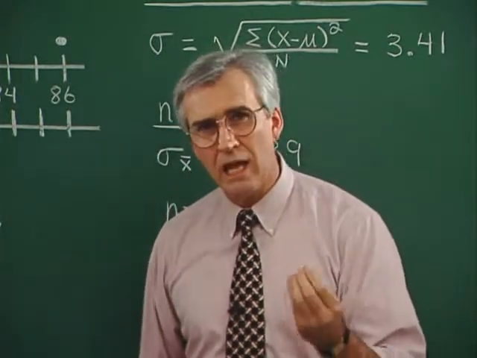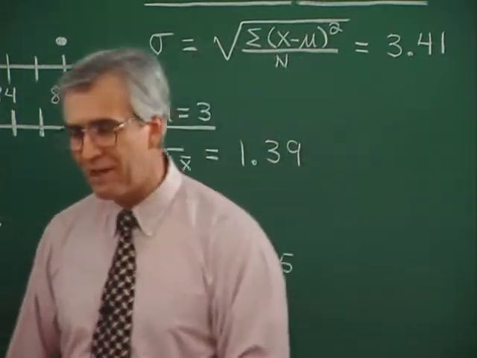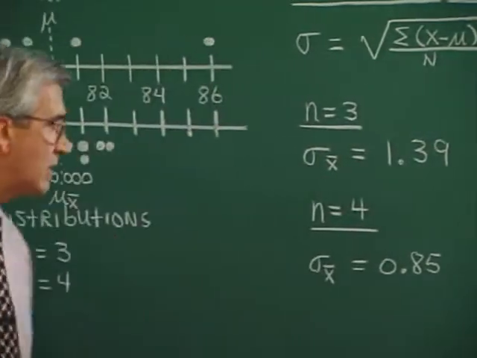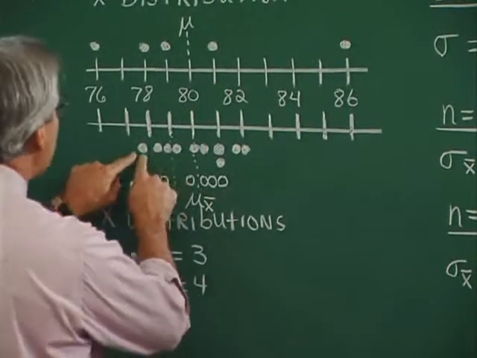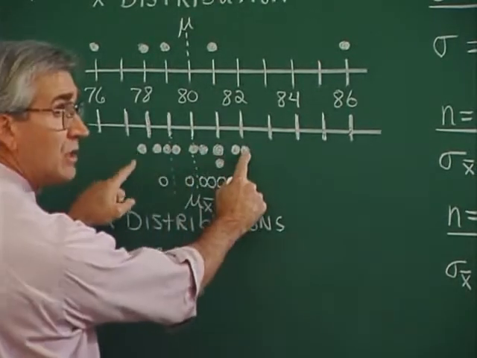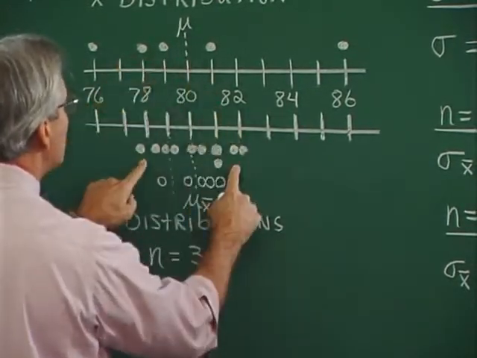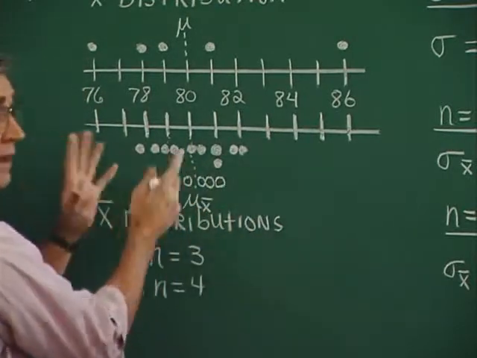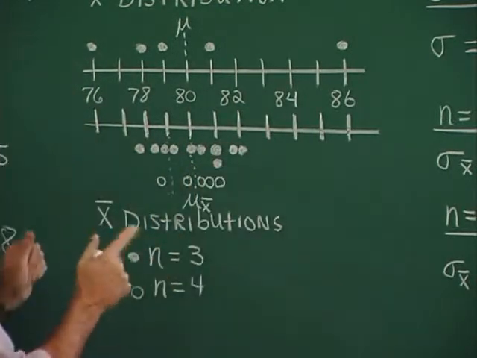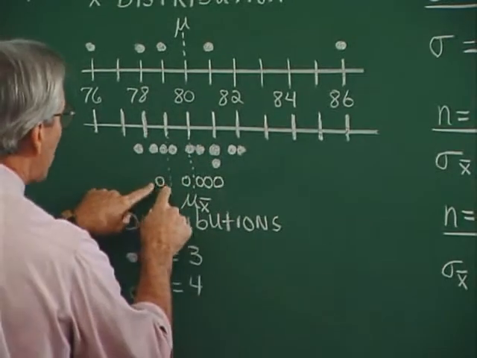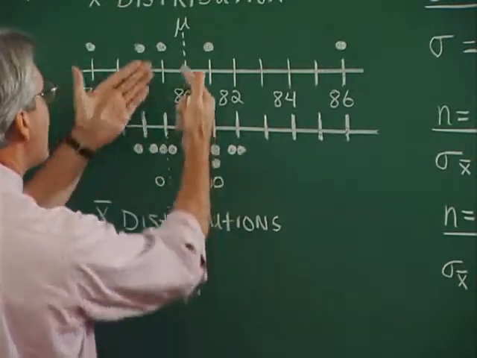And if the sample is random and the x-bar is a random variable, then any of these could be used to approximate mu. If we have a sample size of 3, any of those would be possible. And if we have a sample size of 4, any of these could be approximating mu.